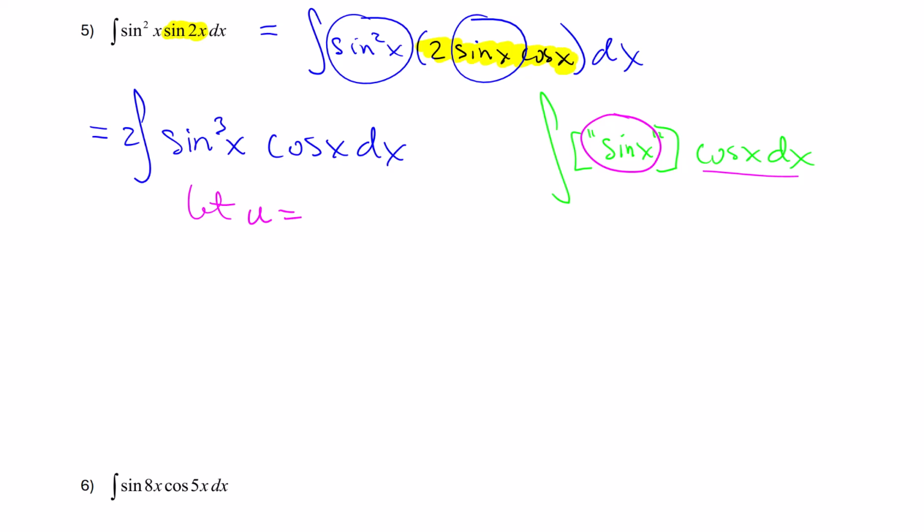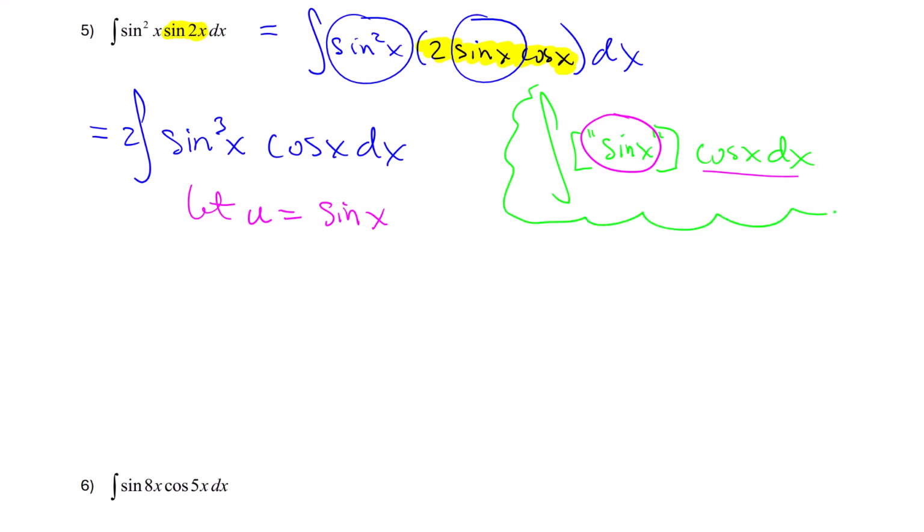The derivative of sine is cosine. That's a good motivation to let u equal sine x. It's kind of the reverse of the previous problem where we did a similar kind of thing. In that case, we were using cosine instead, but it's a similar situation.